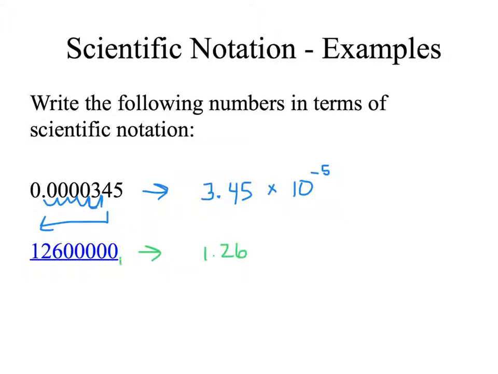So the decimal was kind of assumed to be here, and we're moving it to here. So how many places would you have to go to get it back? We're moving right, so the value is going to be positive. So times 10, and here it's 1, 2, 3, 4, 5, 6, 7. 10 to the 7th. So we can express values in terms of scientific notation, which makes them look a little bit cleaner.